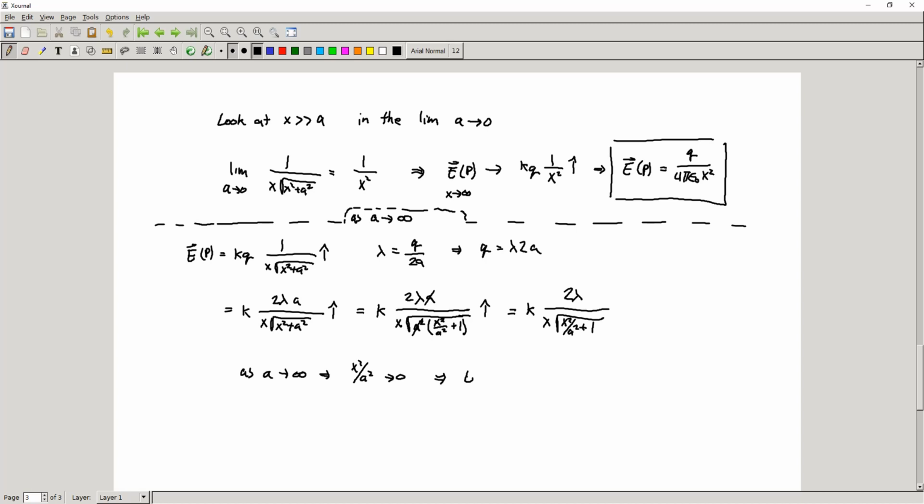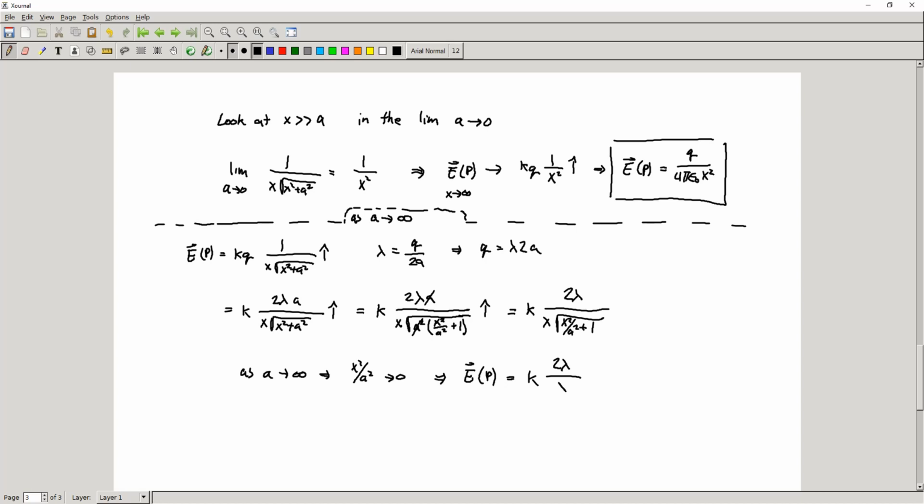So this means that our electric field at some point P, close to a rod of infinite length with a charge distribution lambda on it, is going to look like this, right? It's going to look like k. We're still going to have this 2 lambda in the upstairs, and that's not an x, that is a lambda.